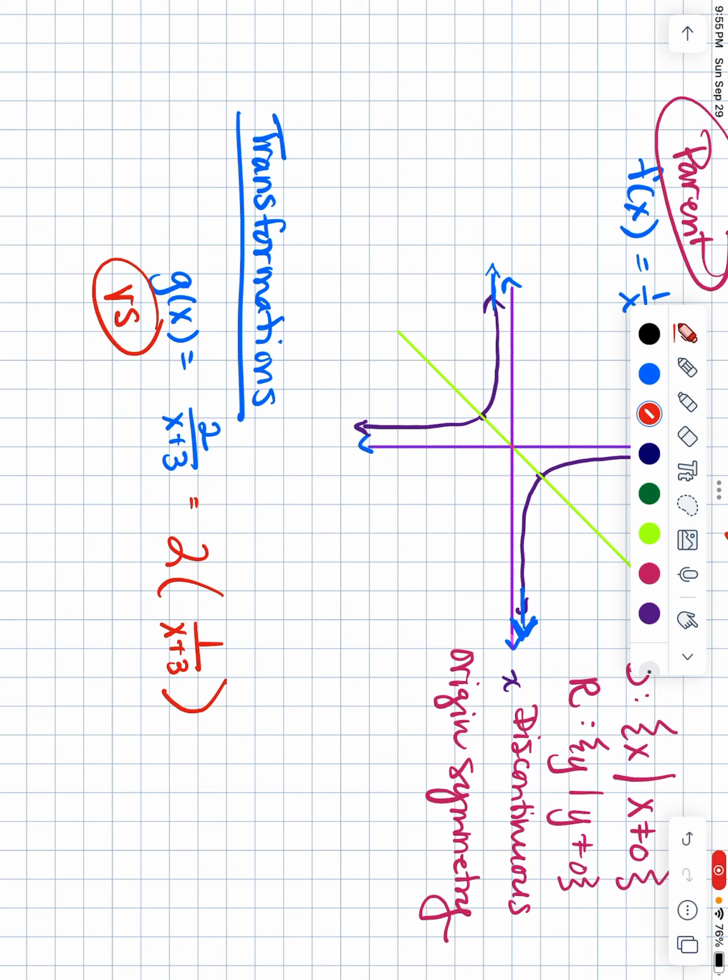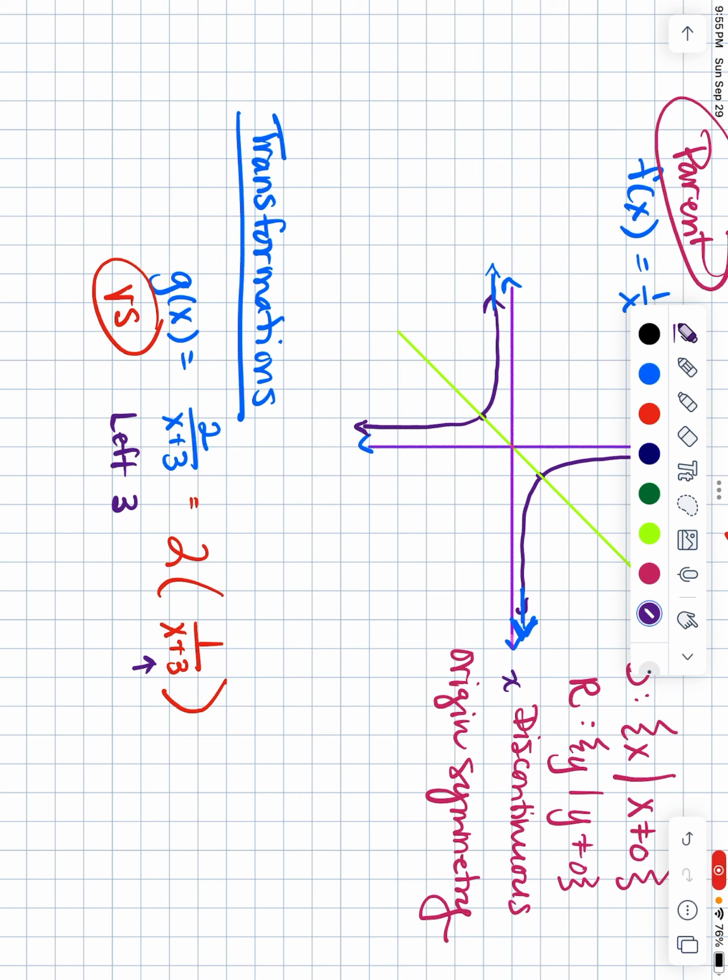I also see that I am adding a number inside parentheses, right? It's in a grouping symbol. It's in the bottom of my fraction. So that means that's a left and right movement. That's a horizontal shift. So I can see here that this graph is going to move to the left 3.